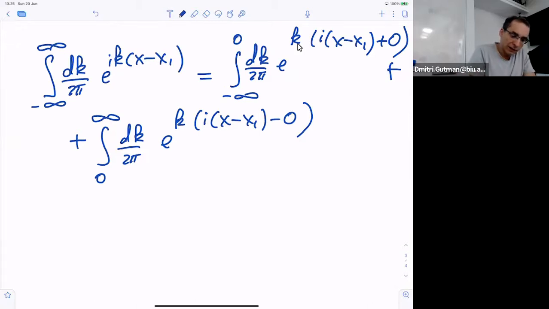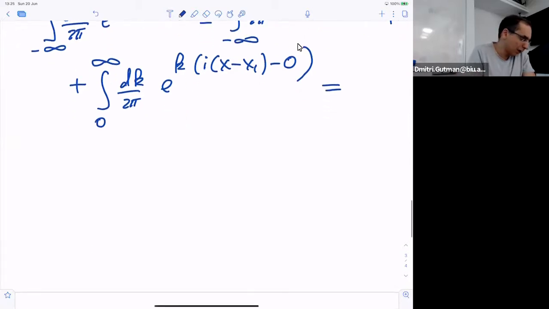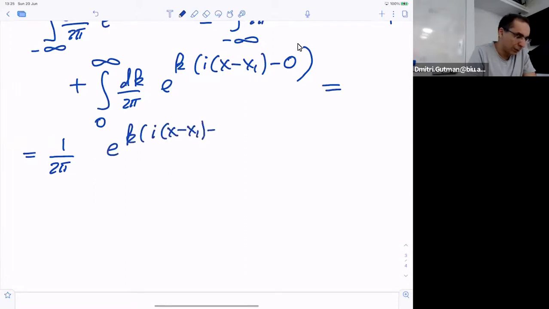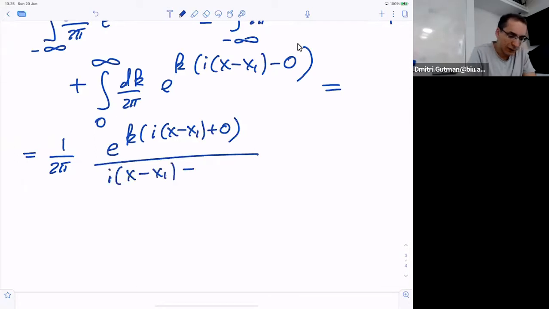Okay, then I can formally compute both integrals, and I get 1 over 2π e^{k(i(x − x1) + 0)} over i(x − x1) + 0. And this 0, I understand, is an infinitesimal and positive number.